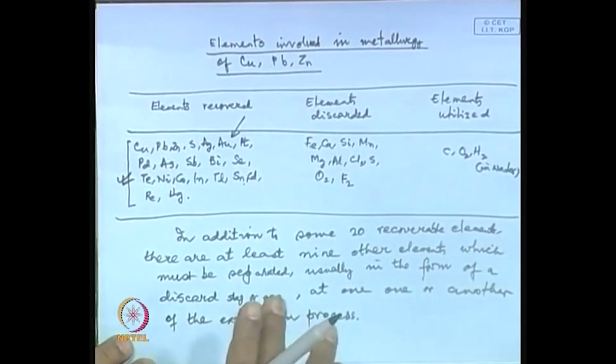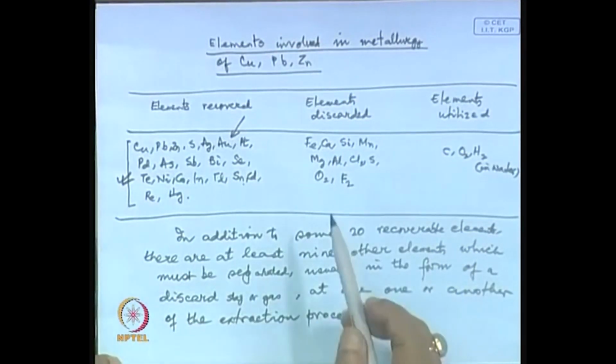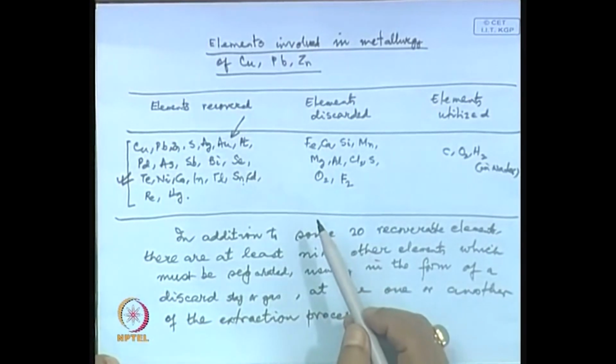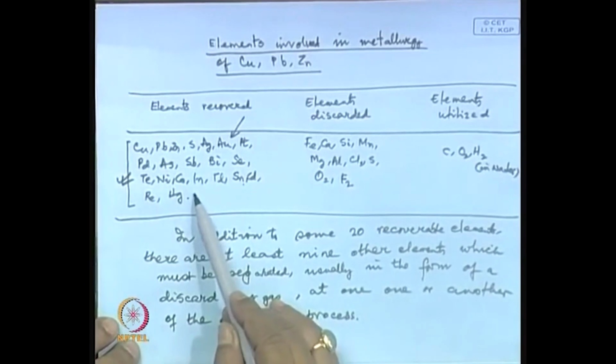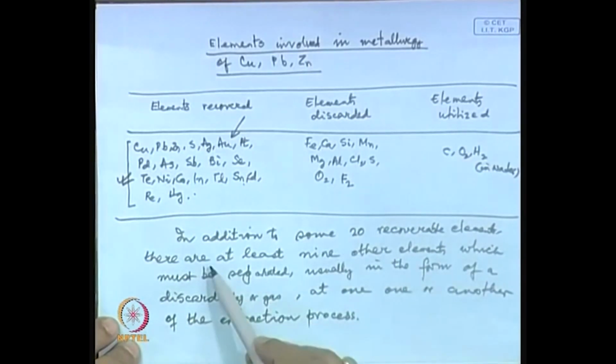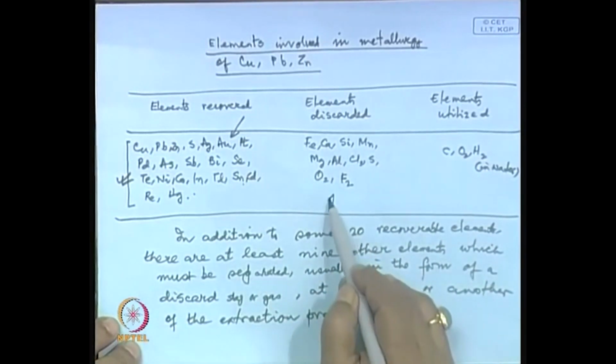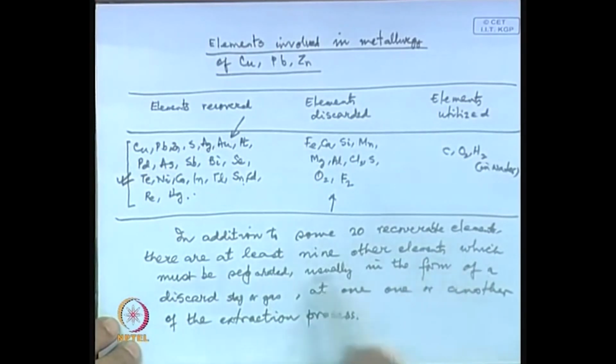You recall the flow sheets I have shown for copper refining, many of these are coming out of that. Now, there are other elements which will be discarded, because they would not have commercial value even if recovered. So, in addition to these 20 recoverable elements, there are at least 9 other elements which must be separated, usually in the form of a discard slag or gas, at one stage or other of the processing.